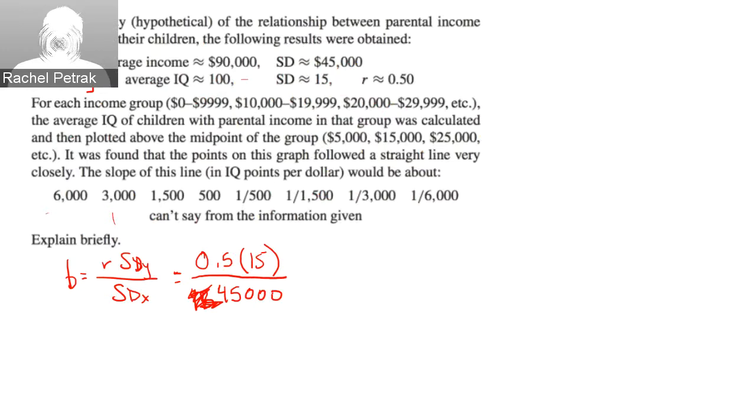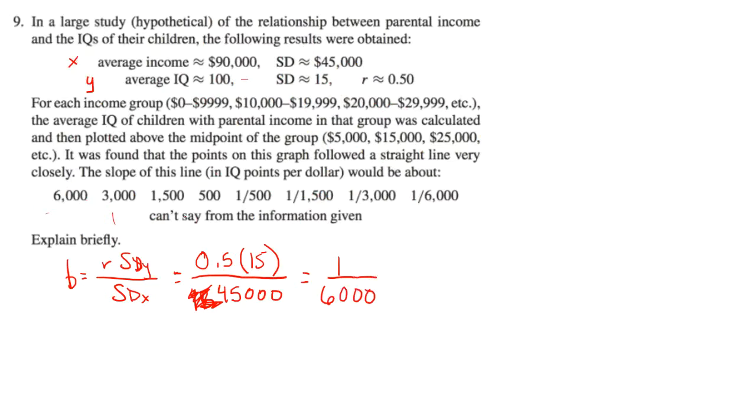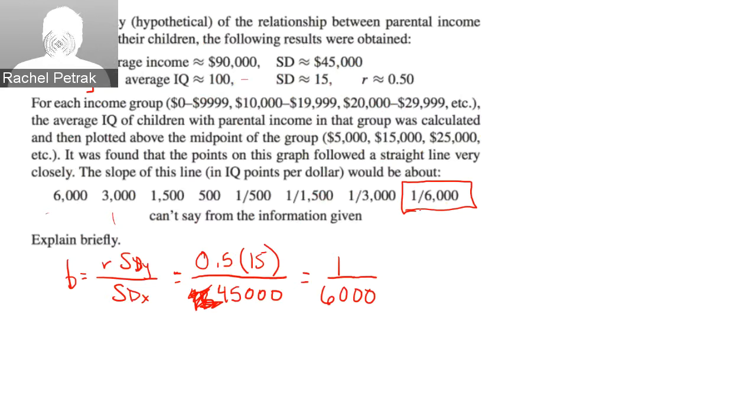When we do this, we end up with a slope of 1 out of 6,000. We should always ask ourselves, does this result make sense?